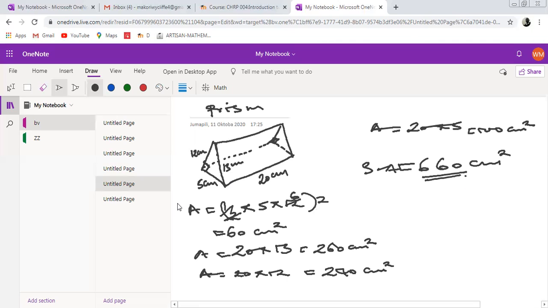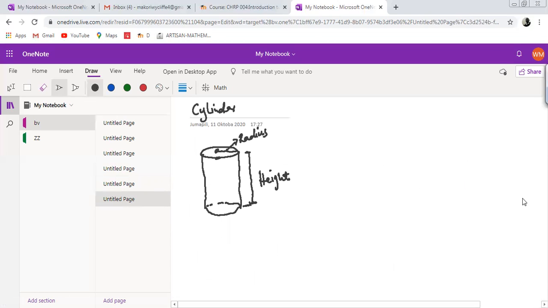We can also be told to calculate the surface area of a figure which we normally refer to as a cylinder. Remember, a cylinder is a figure that has a circular top and a circular base, and then it has a particular height.